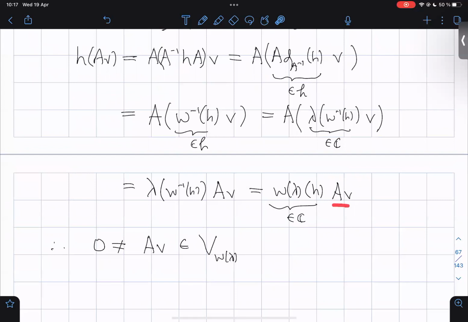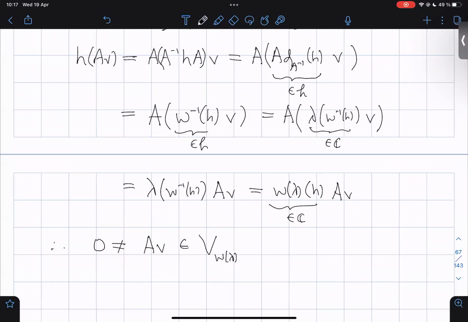This is non-zero because A is a group element, it's acting invertibly. We started out with V being non-zero, so this is non-zero. And so we've just completed the first statement.